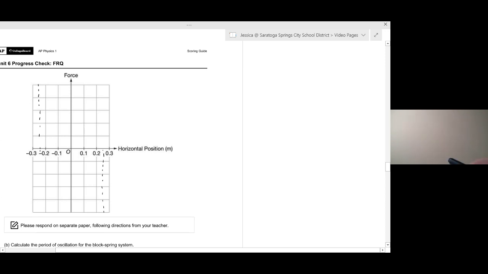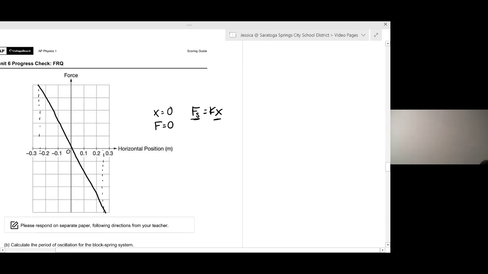I need a line graph that goes through 0 at 0 and goes like that, because whenever I'm to the left of equilibrium, my force is pointing to the right, and whenever I'm to the right of equilibrium, my force is to the left. When x is 0, F is 0 because Fs is kx. And remember, it's a line graph because F and x have a direct relationship.